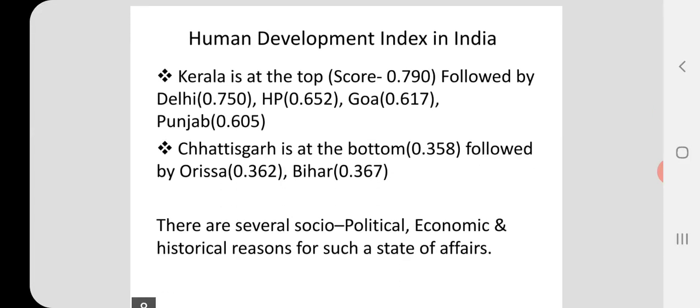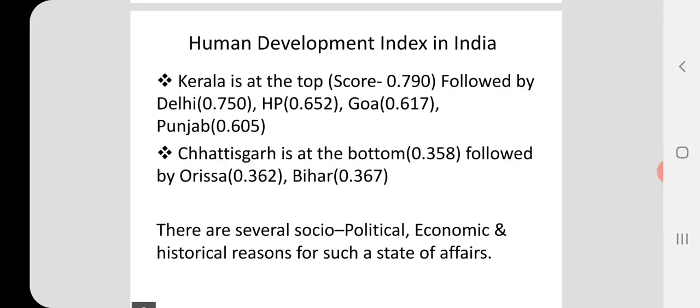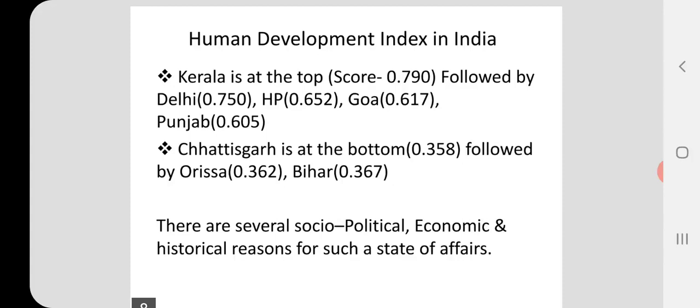Next, Human Development Index in India. Kerala is at the top in the Human Development Index list in India with the score of 0.790, and Kerala is followed by Delhi 0.750, Himachal Pradesh with the score of 0.652, Goa with the score of 0.617, and Punjab with the score of 0.605, and Chhattisgarh is at the bottom of the list having the score of 0.358, followed by Odisha whose score is 0.362, and Bihar with the score of 0.367.